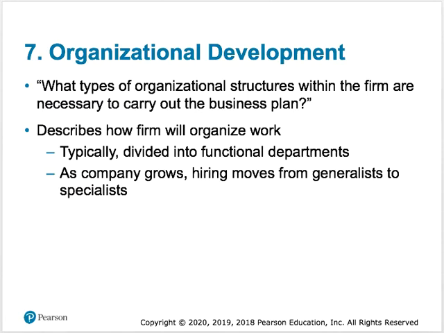For example, at the outset, a business may have one marketing manager, but after 2 or 3 years of steady growth, that one marketing position may be broken down into 7 separate jobs done by 7 individuals.